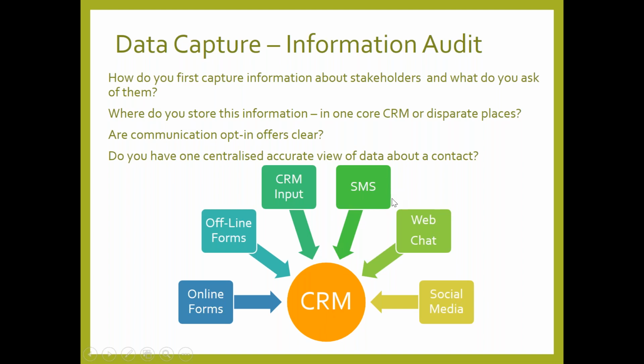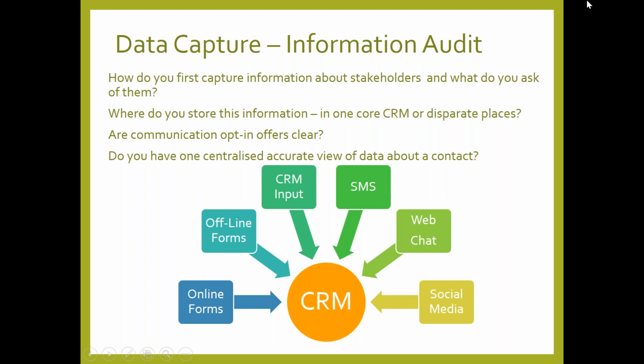And again, if you have interactions this way and are marketing through any of these mechanisms, if people respond to you by any of these methods, how do you then get that data back into the CRM? So a practical step is to do an information audit, if you're concerned about where your data comes from, how you manage the silos and make it more centralized, and how you streamline that.